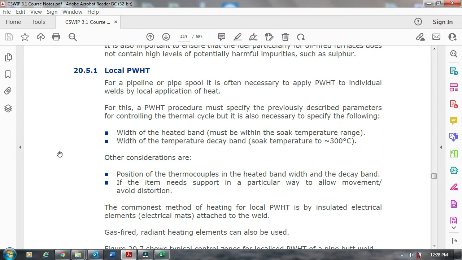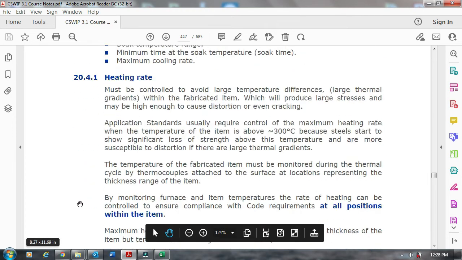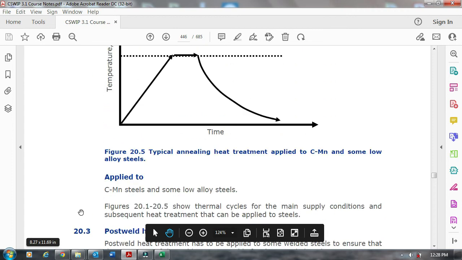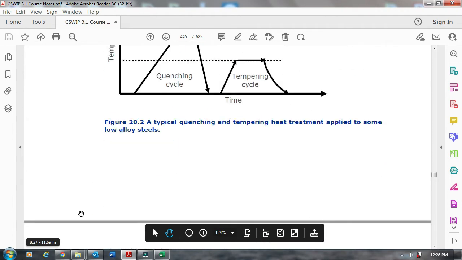Local PWHT: for a pipeline or pipe spool which is big in size, it is often necessary to apply PWHT to individual welds by local application of heat. So the PWHT procedure must specify the previously described parameters, those 4 parameters which we had said here. Which are those 4?